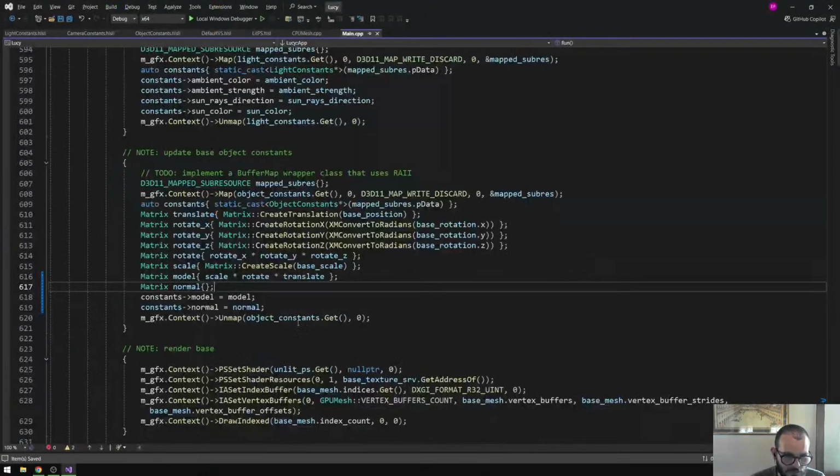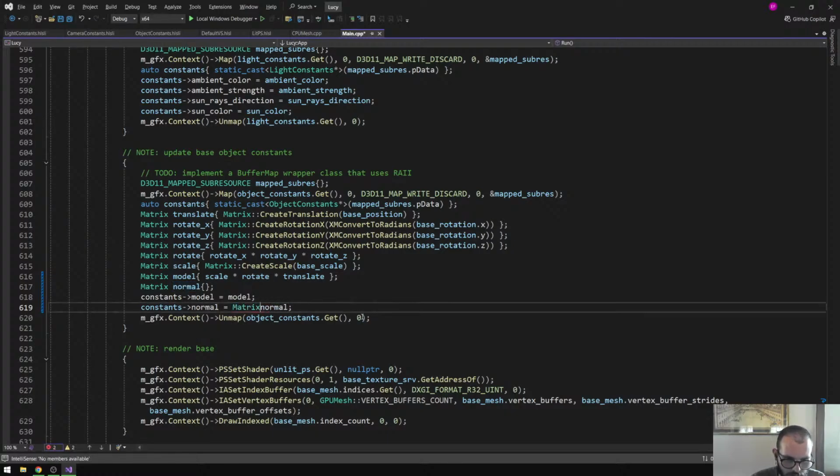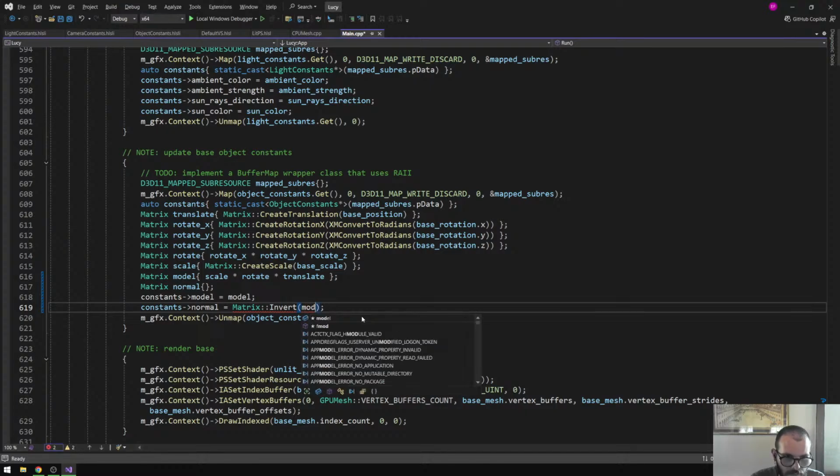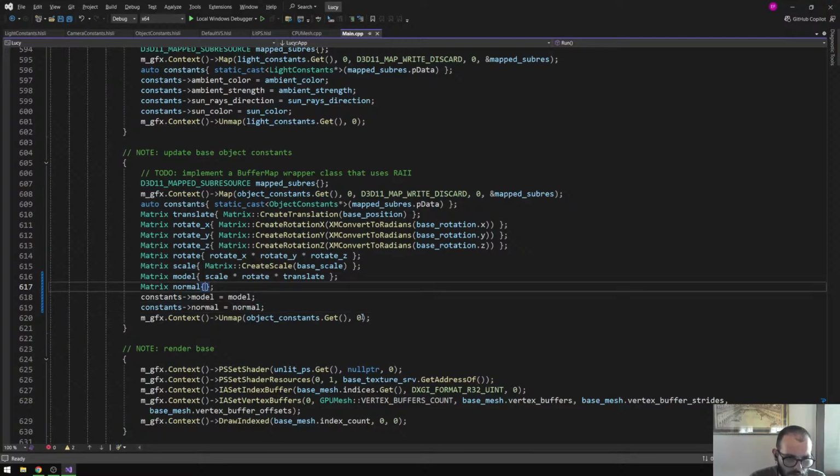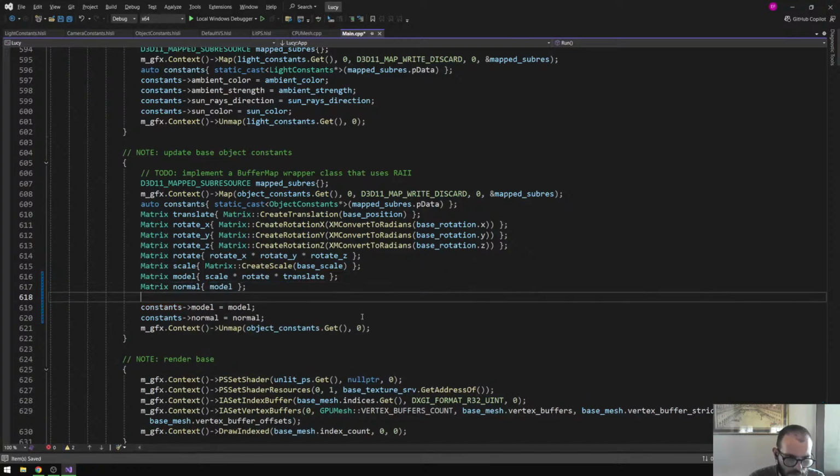So we invert, oops, sorry, we transpose the model matrix, we invert it, and then we transpose it.